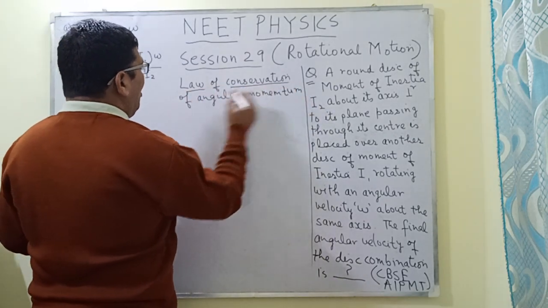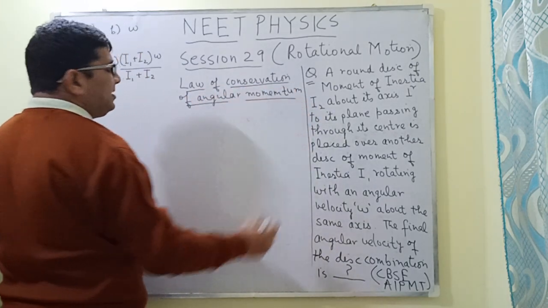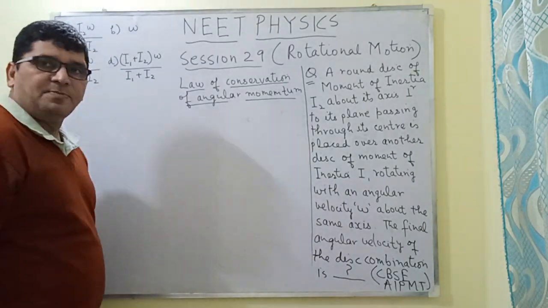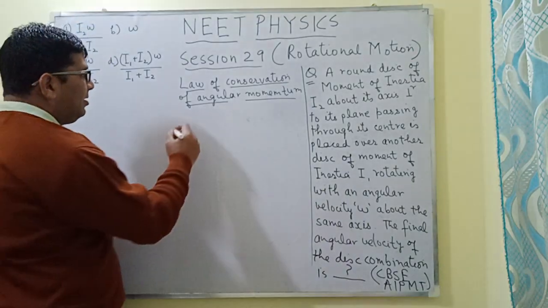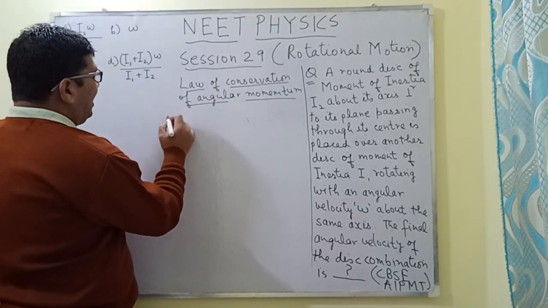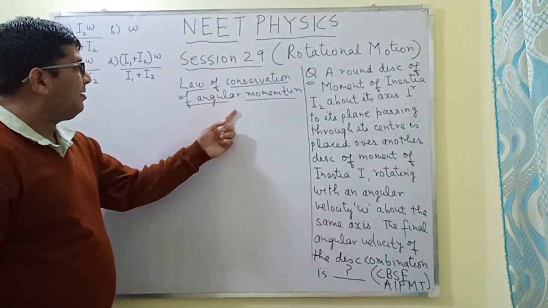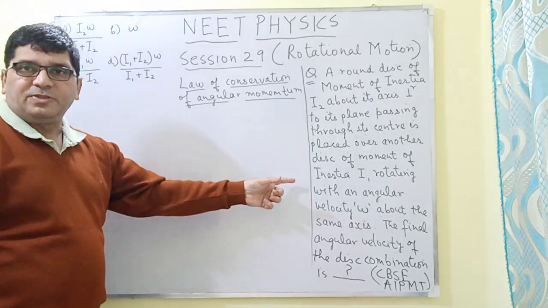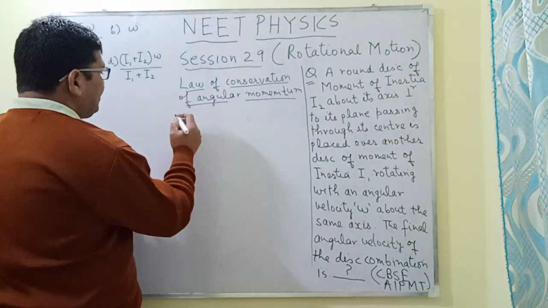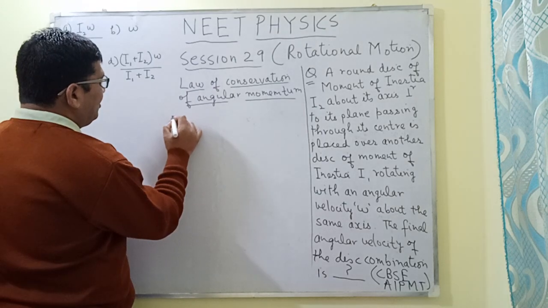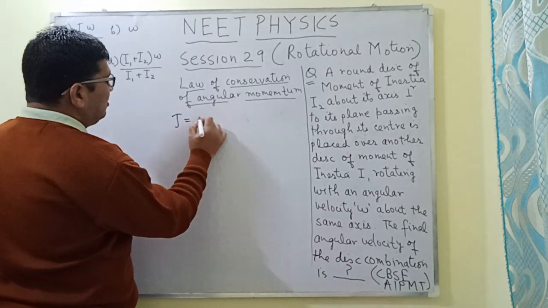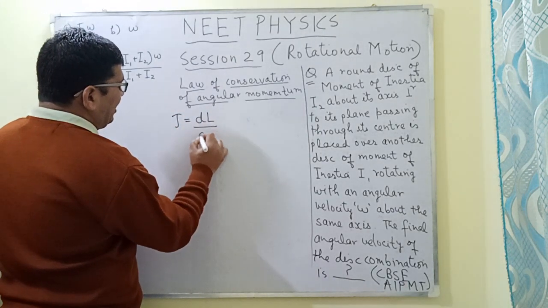The law of conservation of angular momentum says that in the absence of any external torque, the angular momentum of the system is constant. See, the torque is equal to the rate of change of angular momentum.